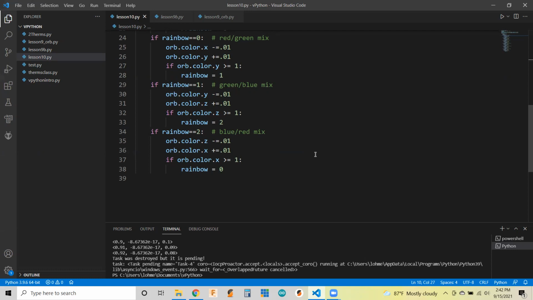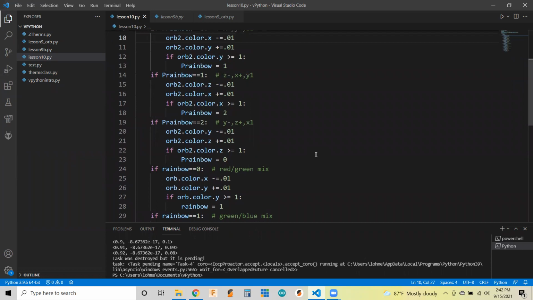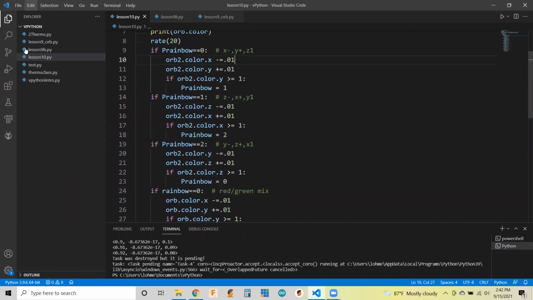So I said, well, it won't be that hard to change that into keeping the third color high instead of low. So we can look at what we did here. Basically, it's just changed around the X values. We still got one going up, one going down, but we changed them around a little bit so that the third color just stays high all the time.